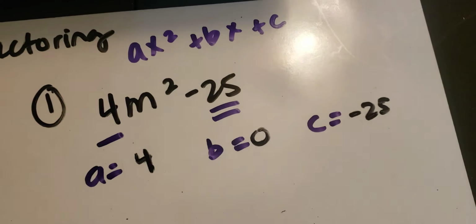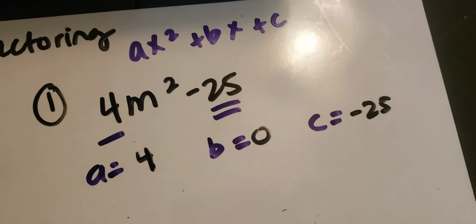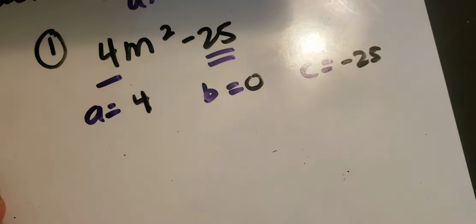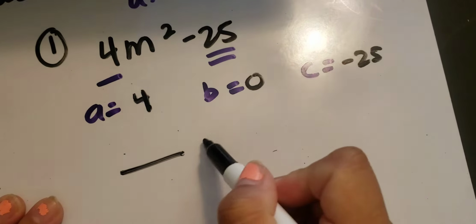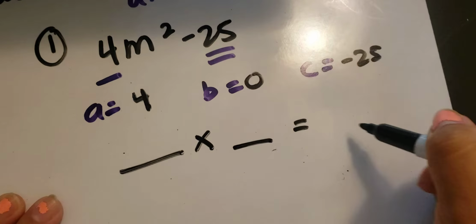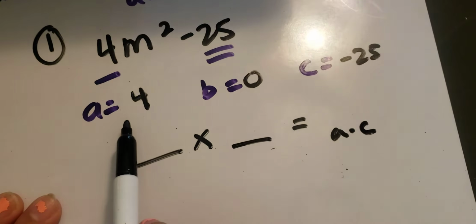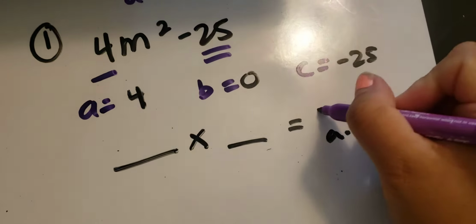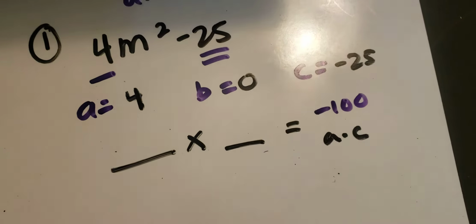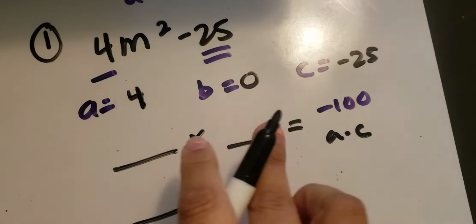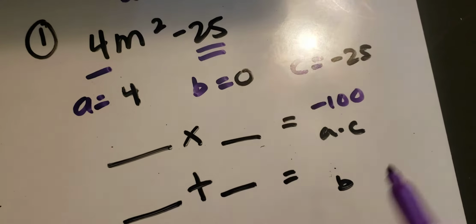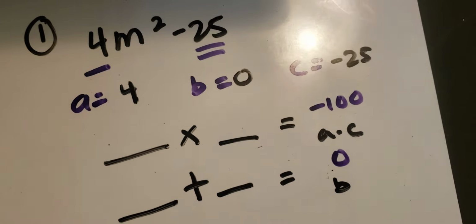If I follow the same procedure as yesterday, I'm looking for two numbers that multiply to give me whatever a times c is. In this case, a times c is negative 100. And those same numbers need to add to give us whatever b is, and in this case, our b is 0.